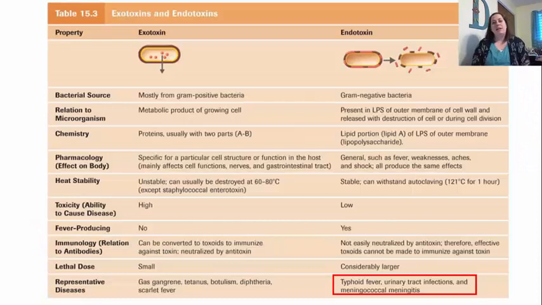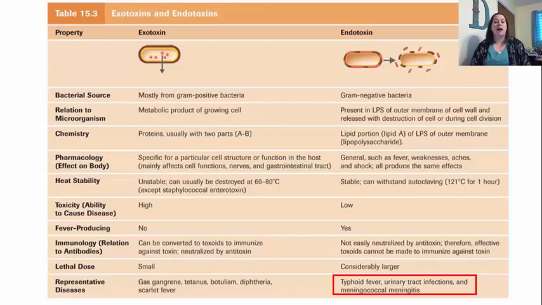All right, so this particular chart takes exotoxins and endotoxins and does a comparison with them. It shows you that exotoxins are mostly from gram-positive bacteria, whereas endotoxins are more gram-negative. It tells you a little bit about their chemistry, their pharmacology. Are they heat stable? Are they very toxic or not?